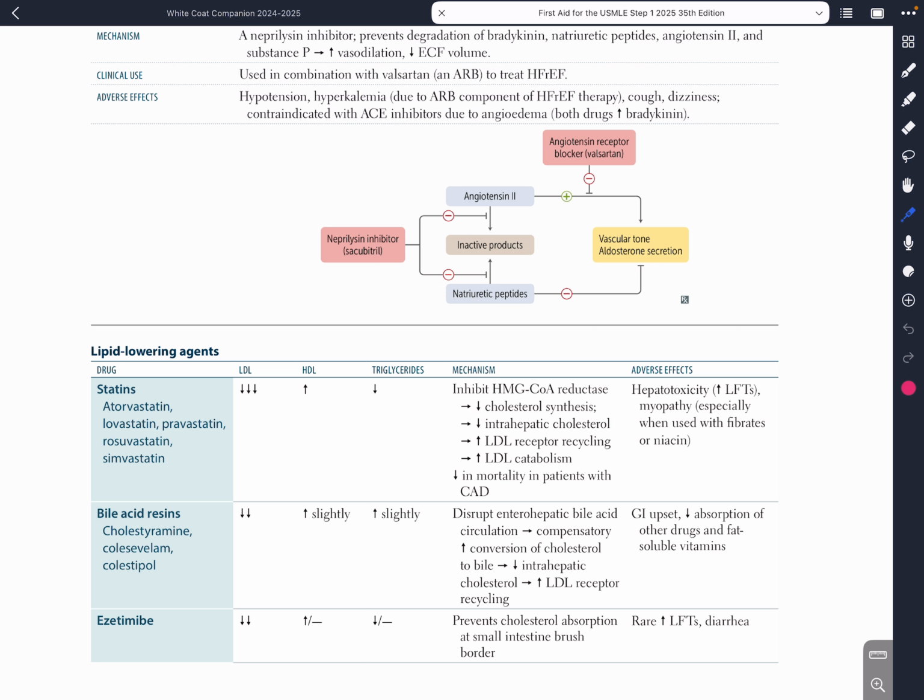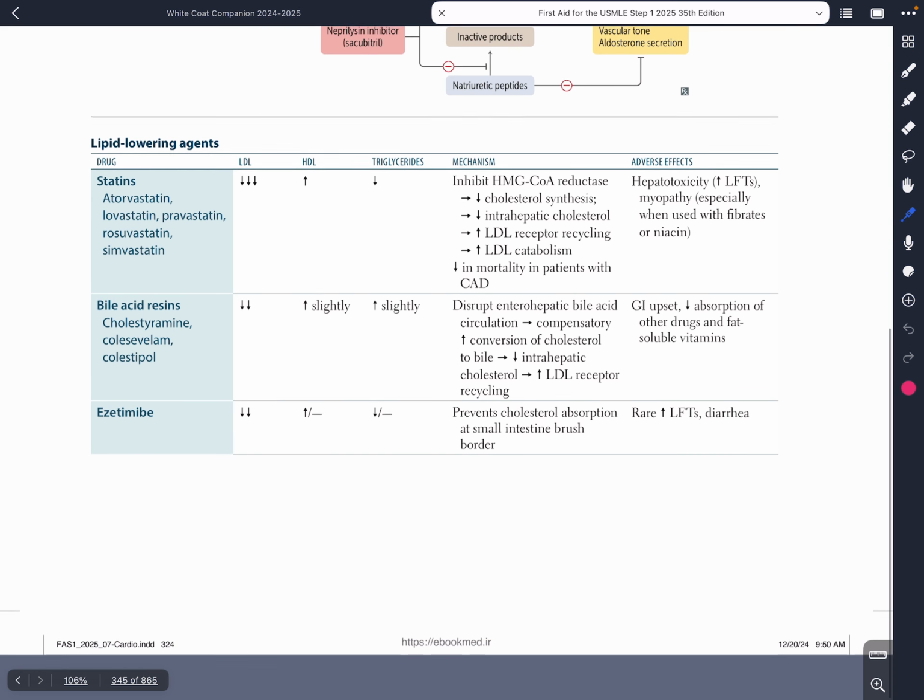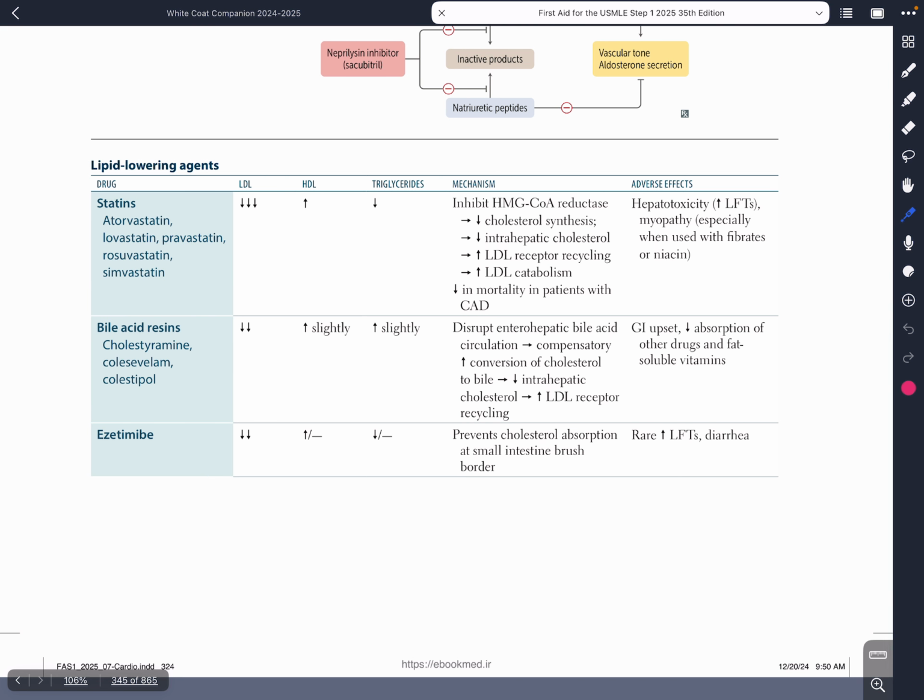So the angiotensin receptor blocker valsartan inhibits angiotensin II from acting on aldosterone secretion. So in other words, angiotensin II goes up. This is the effect of sacubitril.